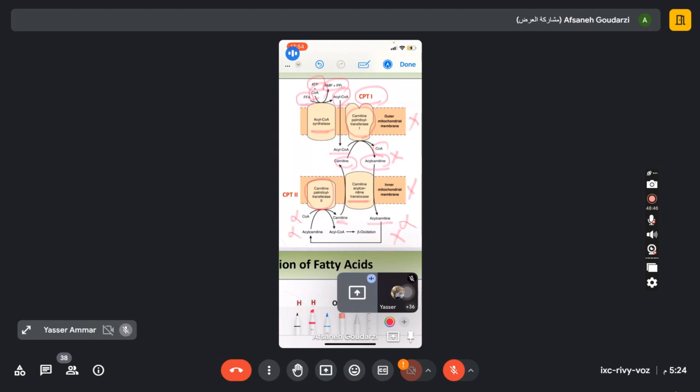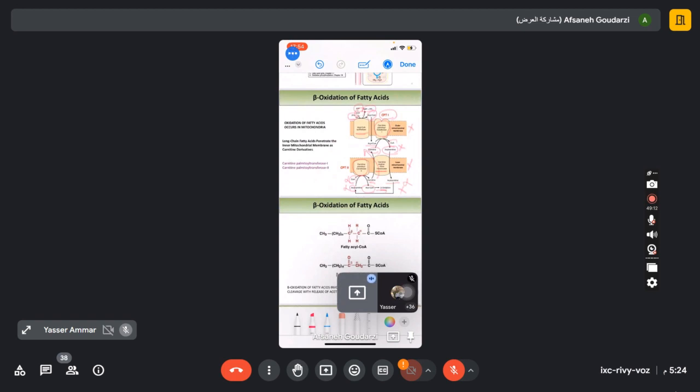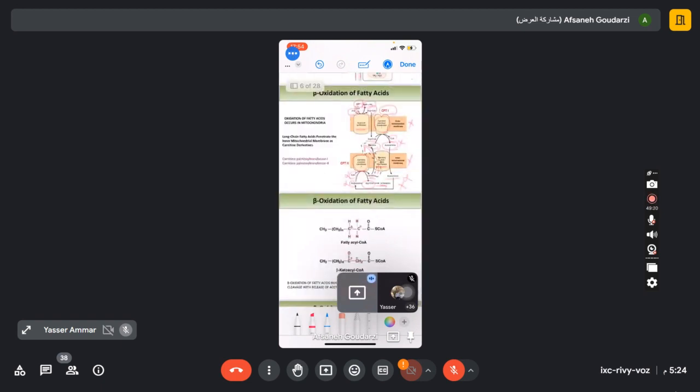So the carnitine is released, carnitine goes back to the space between the outer and inner membrane of the mitochondria, and the CoA is bound to the acyl part and produces for us acyl-CoA. So this acyl-CoA should enter the beta oxidation pathway, because beta oxidation is inside the matrix of the mitochondria. Any question, guys, so far?